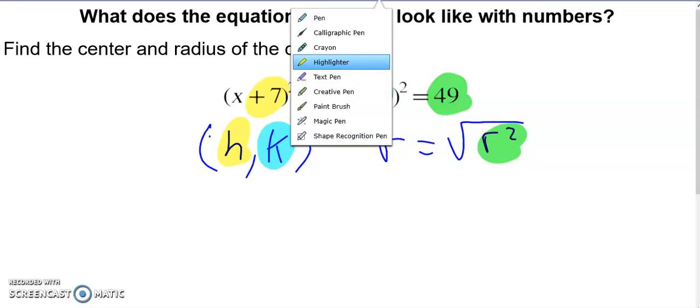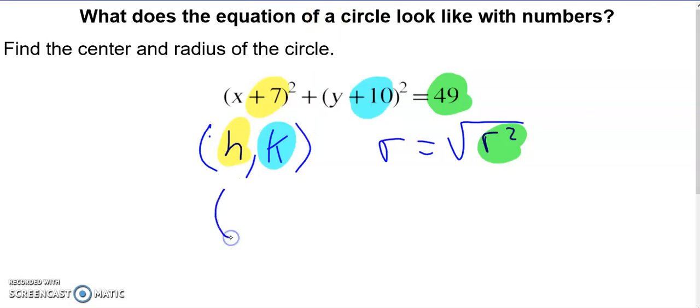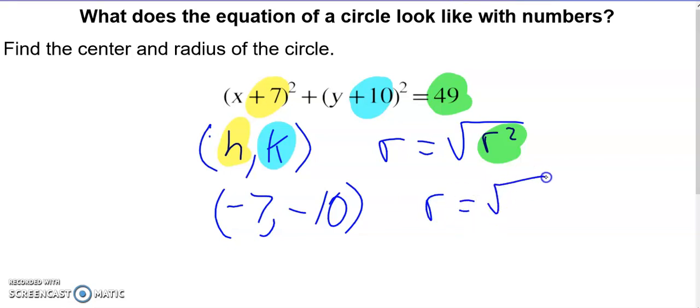When I write this out, h says positive 7. We have to change the sign, so the value of h is actually negative 7, and k is negative 10, and r is going to equal the square root of 49, which equals 7. So my center is at (negative 7, negative 10), and it has a radius that is 7 long.